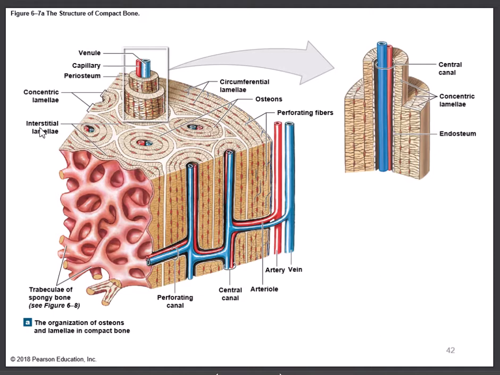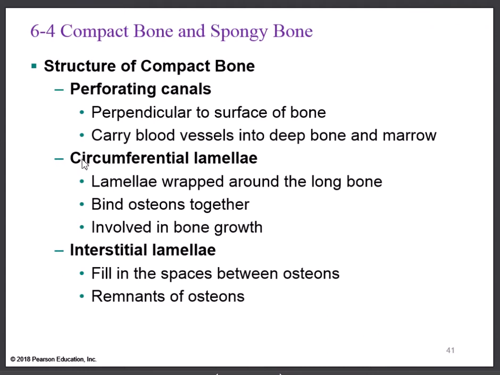They're in between something. So let's go back to the note to make sure we covered everything. Let's take a look again at the circumferential lamellae. These are the lamellae that wrap around the long bone, right? They basically bind all the osteons together, and they're basically involved with bone growth. If you just want to add, I probably should have put it here, bone growth in width, right? By making a bone wider.